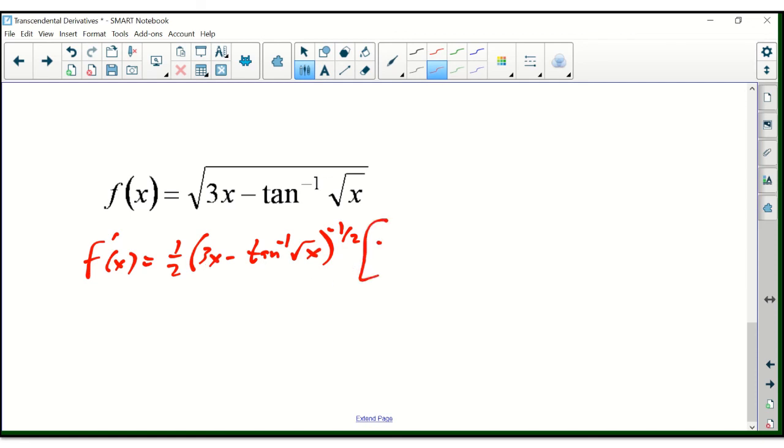So 3x is 3, minus inverse tan is du, 1/2 x to the negative 1/2, over 1 plus u squared, u being root x, which will just give me 1 plus x. There's the derivative inside the brackets.